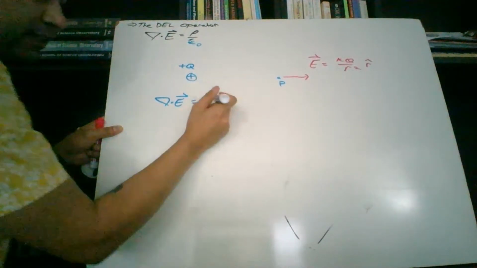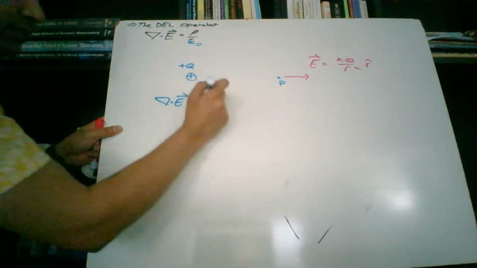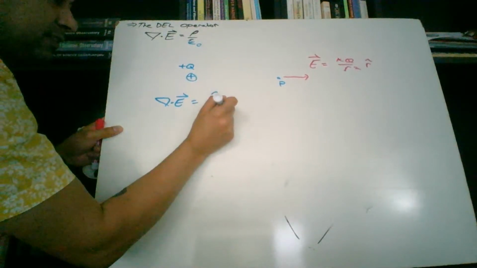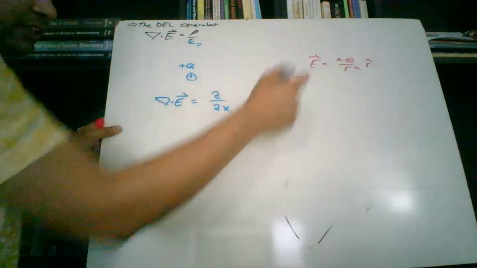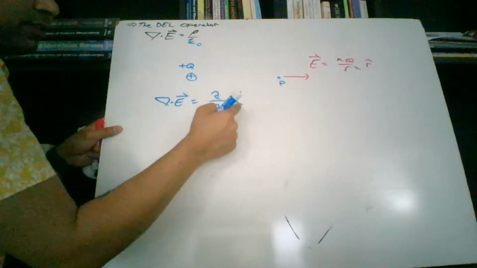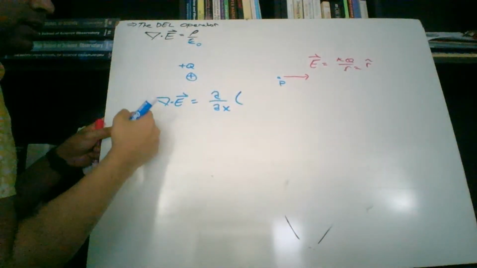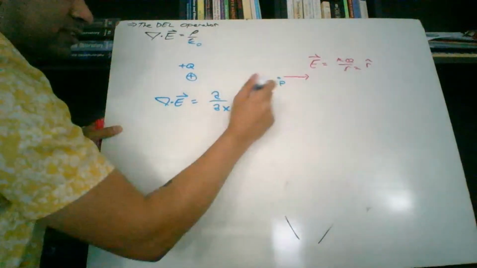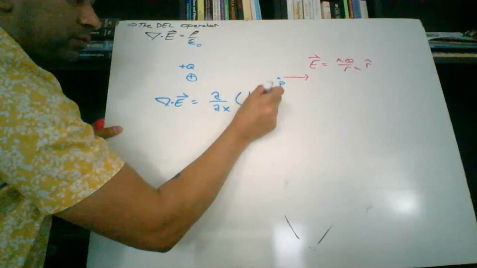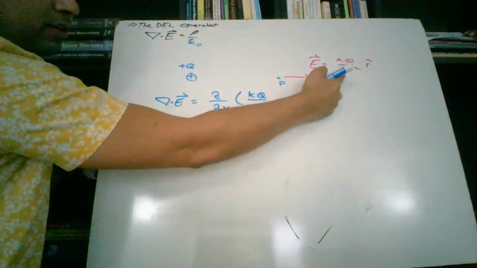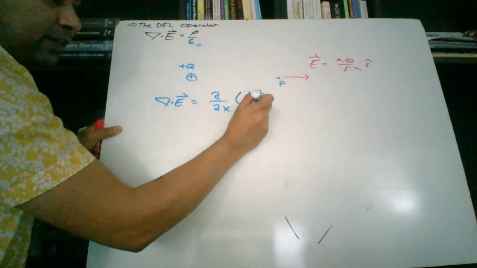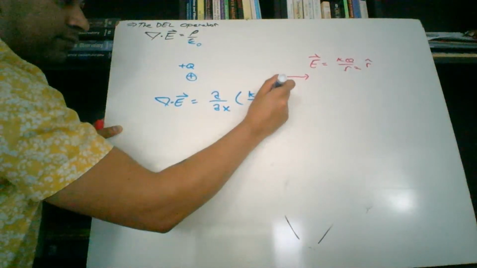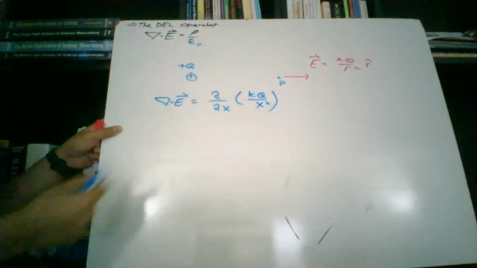So we just have to write it as d/dx. There's no y component to the electric field. There's no z component. It's only in the x. Then we put the electric field inside our derivative, and that's going to be kq. You have to be careful here. You don't want to call it r anymore. r is a general coordinate. We're actually moving along the x direction, so it's x squared. And so there's your divergence right there.